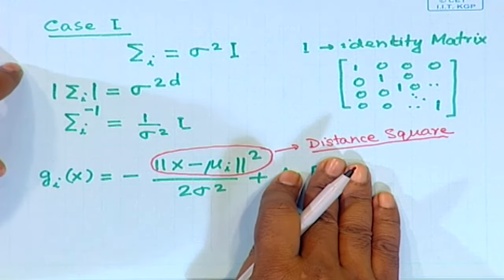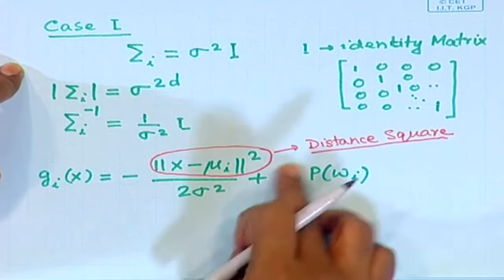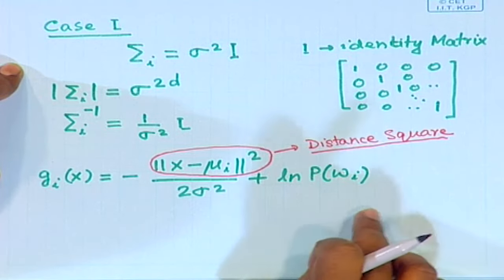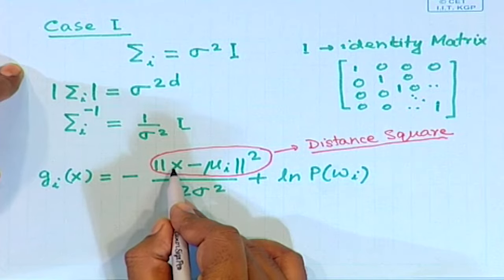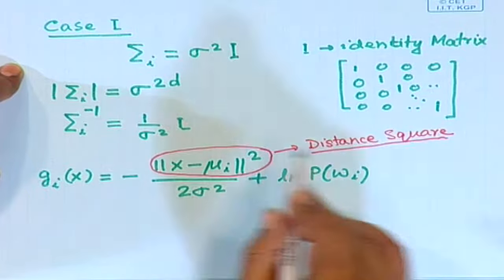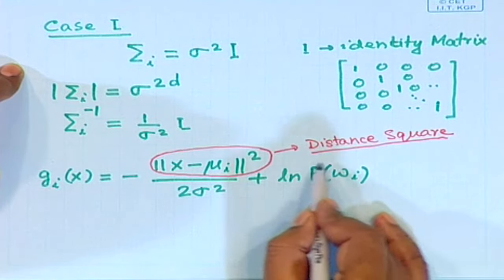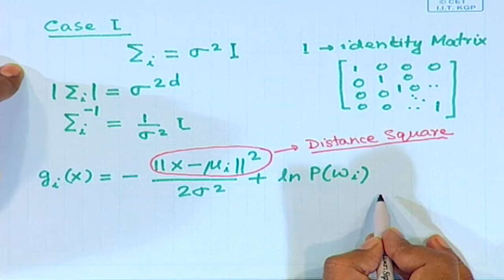Now, here you find that even if this p(ω_i) is present, that means the a priori probabilities of different classes are different, they are not the same, then for a sample point which is equidistant from all the class means, the decision will actually be biased by this term, log of p(ω_i).